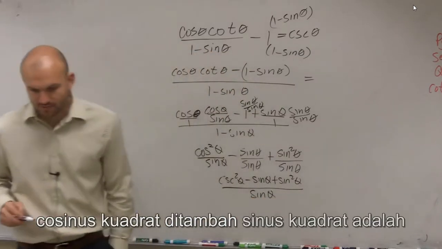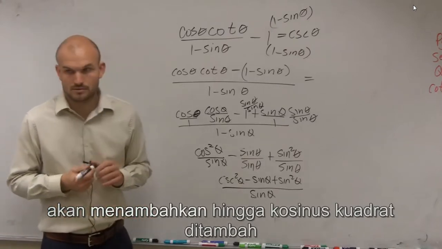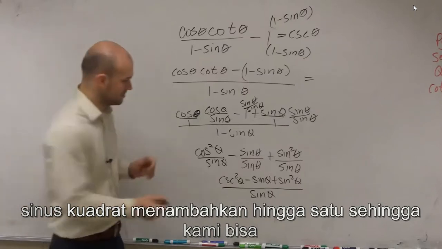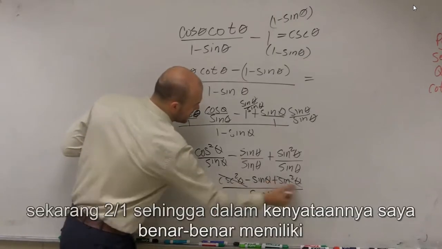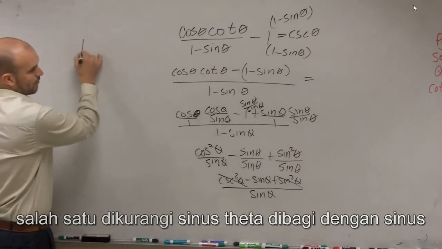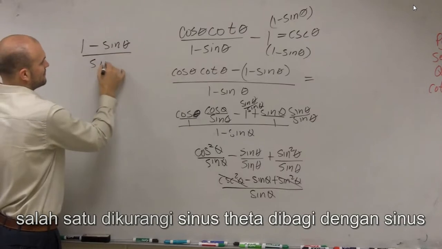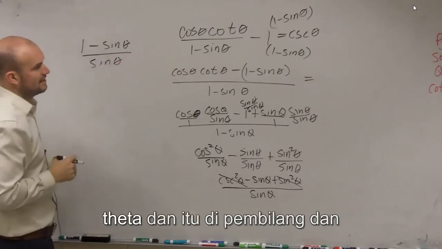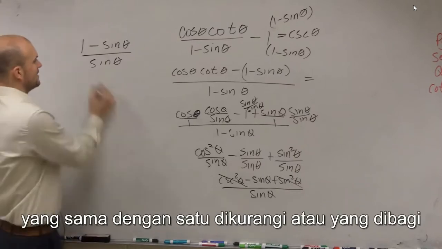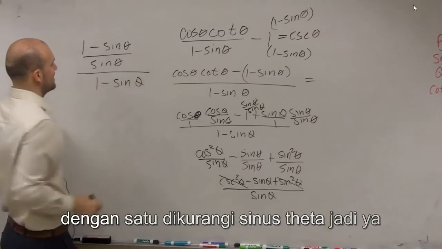Now, cosine squared plus sine squared adds up to 1. So we could say that these are going to eliminate now to 1. So in reality, I actually have 1 minus sine of theta divided by sine of theta. And that's in my numerator. And that's divided by 1 minus sine of theta.